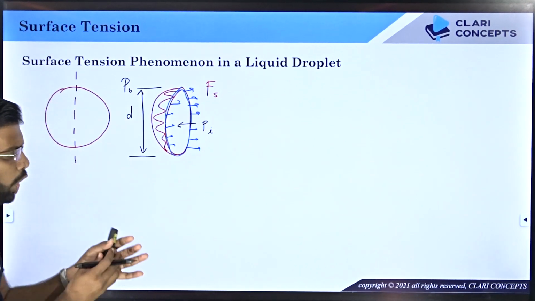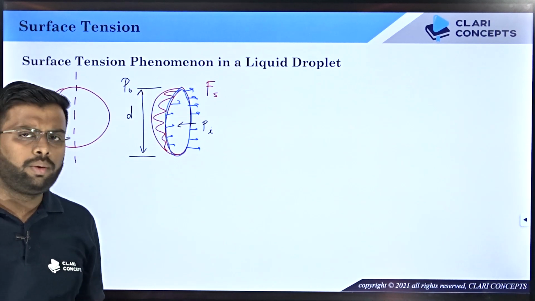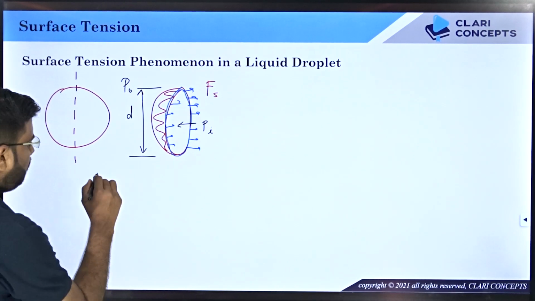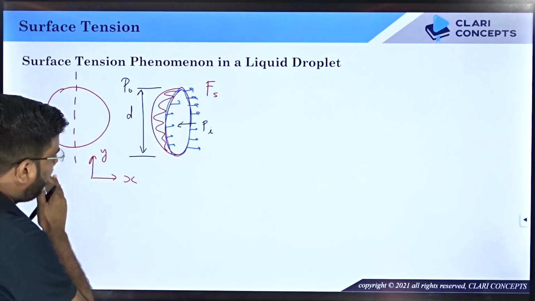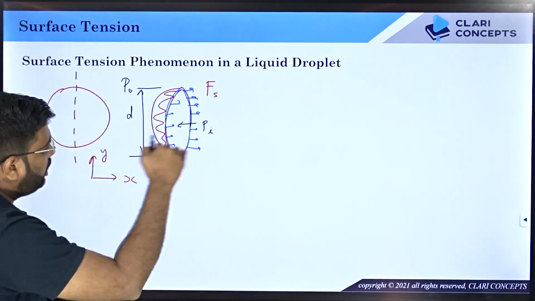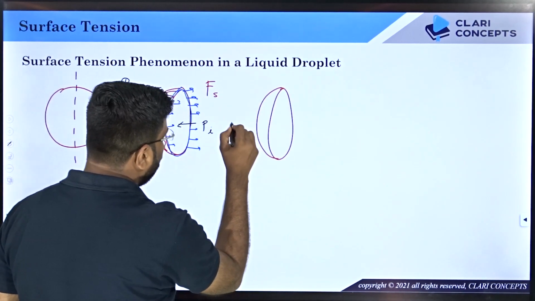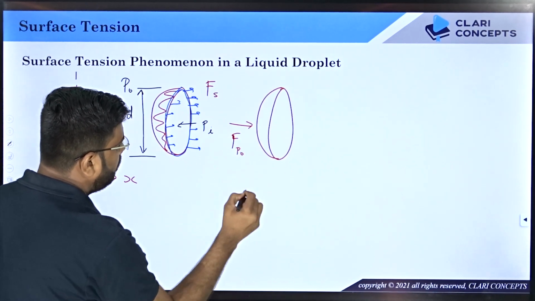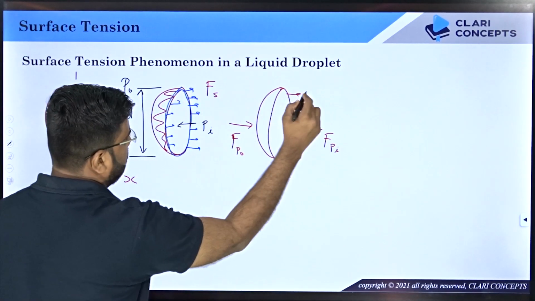Now, the droplet is basically in equilibrium in nature. That means if I take one half, it will also be in equilibrium. That means whatever forces are acting on this droplet in any direction will balance each other, right? So let me observe what happens to the forces along x and y. Firstly, let's say x is the positive rightward direction. Looking at the forces acting on this droplet along the x direction, one force is the force due to external pressure, Po. Another is the force due to internal pressure, Pi, and another force acting because of surface tension, Fs.